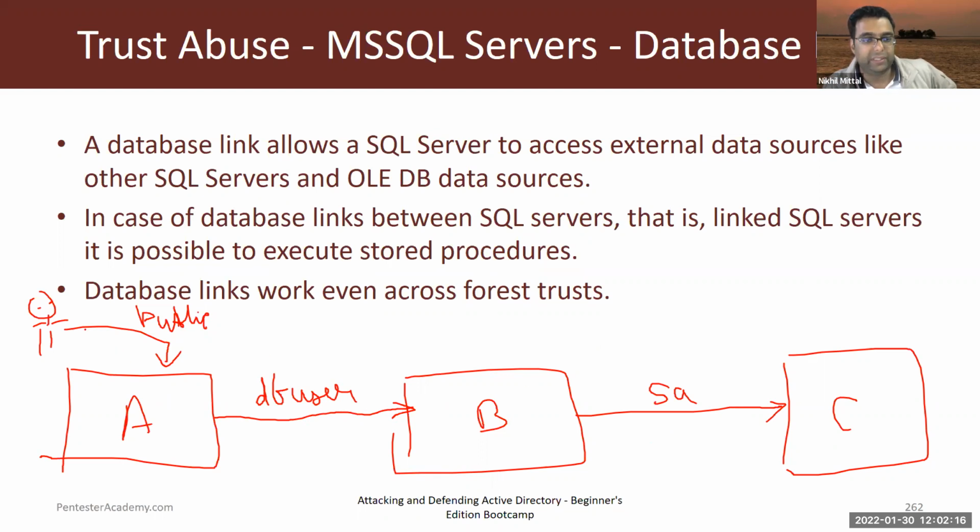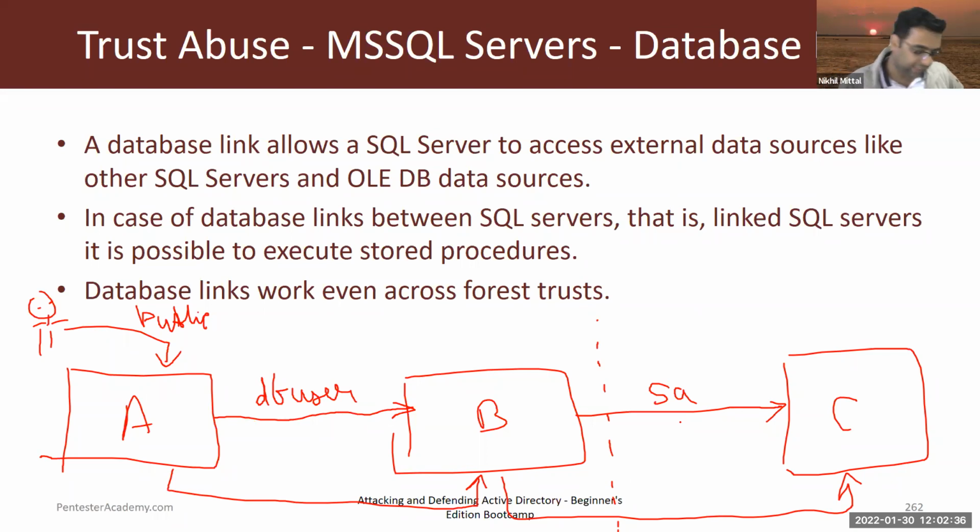Thanks to these database links, from public privileges on A, you would have DB user privileges on B and SA privileges on C. Even if this is across a forest trust or whatsoever. Why? Because these are direct TCP links, they do not respect forest boundaries.